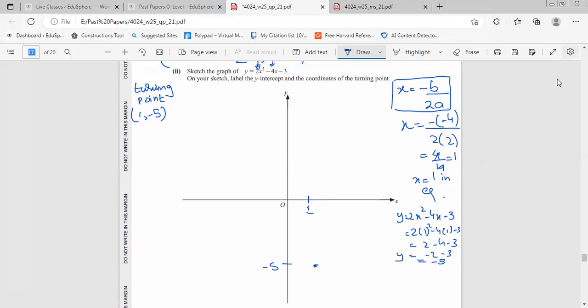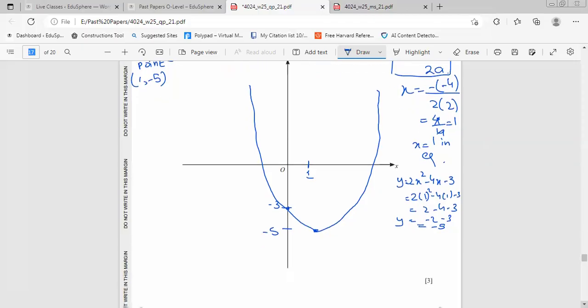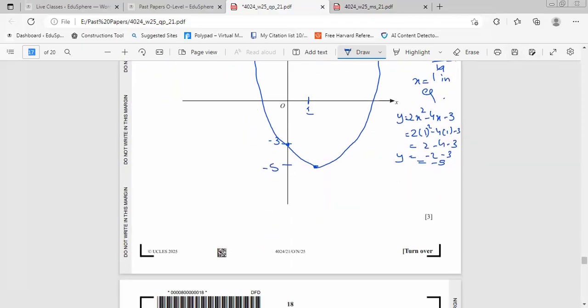Since we already know that minus 3 is the y-intercept, the graph will come and touch this point, turn at the turning point and continue. So we draw the graph like this. This minus 3 is the y-intercept, so we can write it here. This is how we have made it.